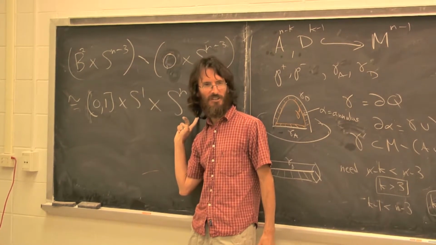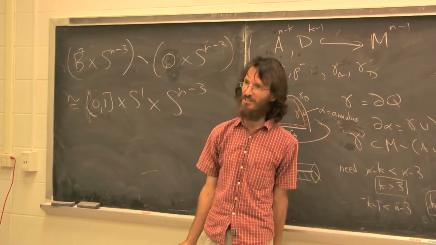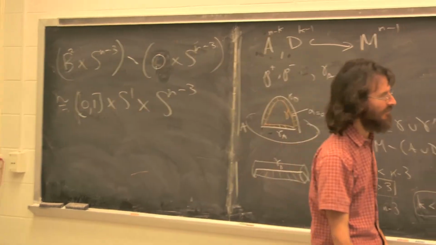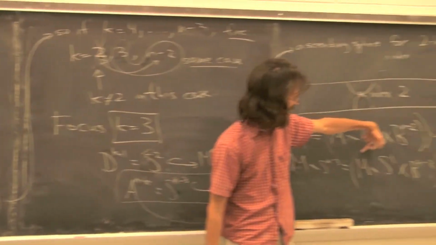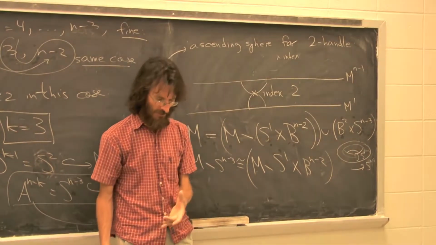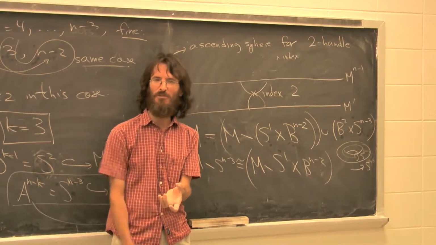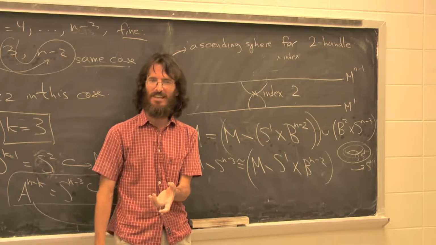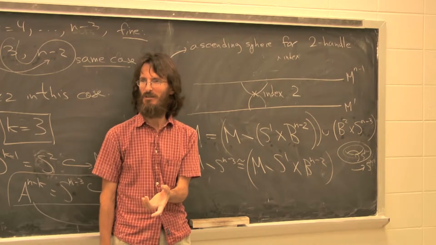That doesn't change the fundamental group at all. It doesn't change the manifold, and that's why I claim that it's diffeomorphic to just N minus S1. So if you do surgery and then you remove the core of what you did, it's the same as not doing surgery, just attaching a collar neighborhood on the boundary.